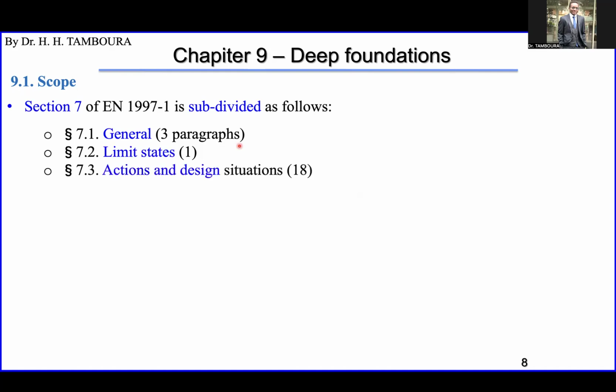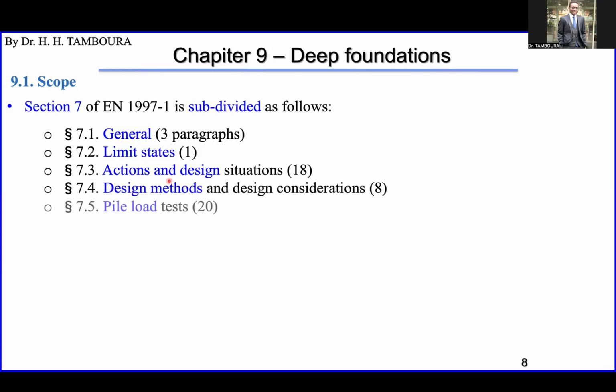The third subsection of section 7 of Eurocode 7 is actions and design situations. It has 18 paragraphs. Design methods and design considerations, 8 paragraphs. And pile load tests, 20 paragraphs.